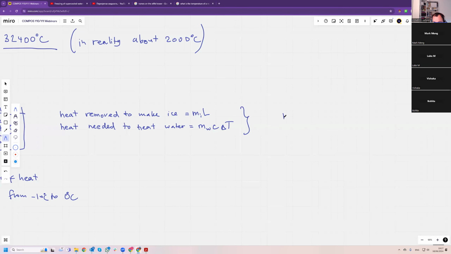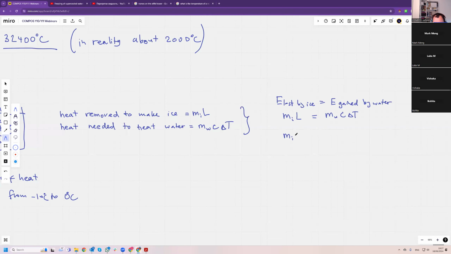And so that means energy lost by ice is equal to energy gained by water. So mass of ice multiplied by latent heat is equal to mass of water multiplied by specific heat of water times change in temperature.